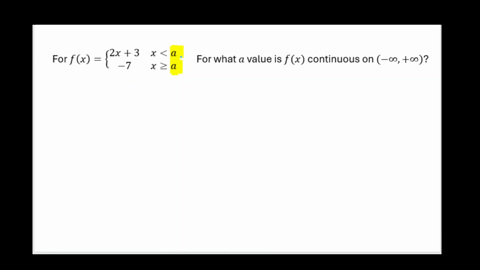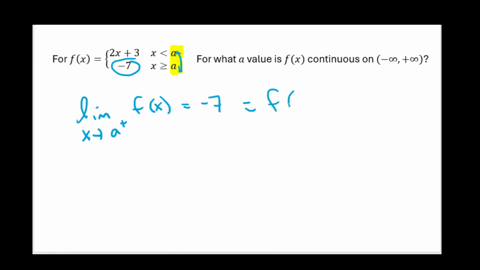So I don't know where that break happens, but I do know that the right-hand limit at a is equal to -7. Now that's also the function itself at a, because again, this rule applies to both the right-hand limit and the function.